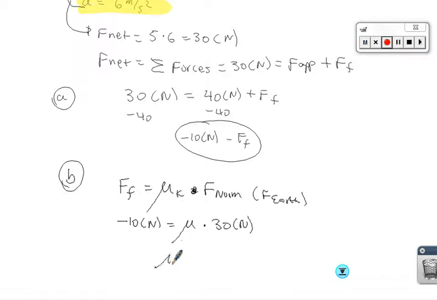So the coefficient of friction is 10 divided by 30. It's negative, but we can drop that. So that's 0.333. No units, because this is in newtons and this is in newtons. So the answer is unitless, and we can drop the negative because it's not a vector.